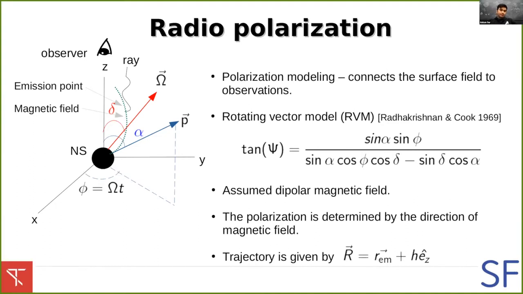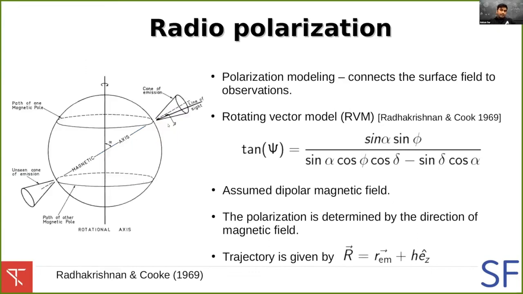And the trajectory of a ray propagating in this direction is given by the emission vector R_EM, plus a height which this ray travels before the polarization freezes. So this height, which we call h, is the freezing height.